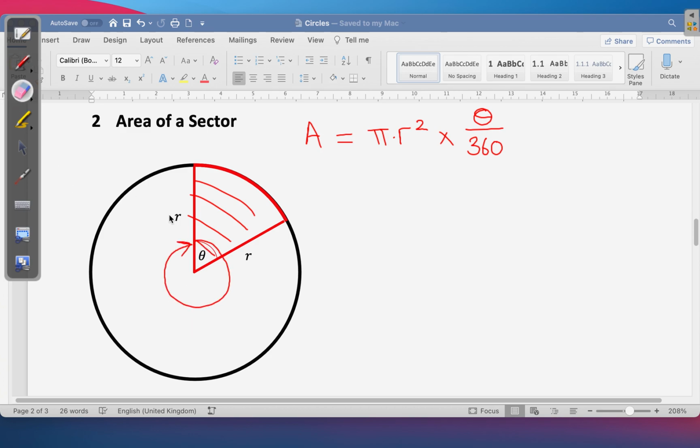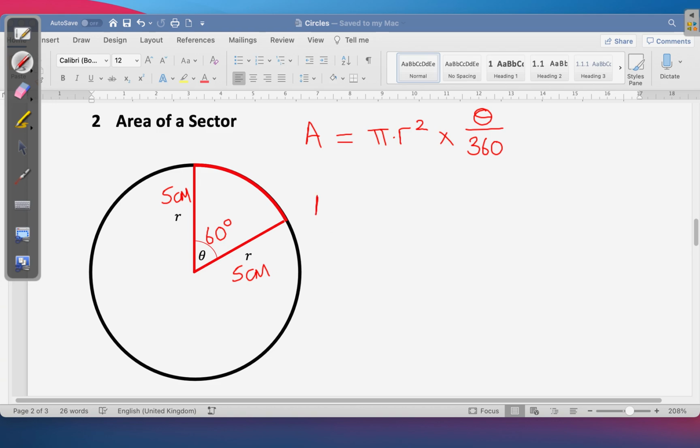Okay, so let's try this with an example again. So let's say our radius is 5 centimetres. We would substitute r is equal to 5 into our equation, and again let's say we have an angle of 60 degrees.